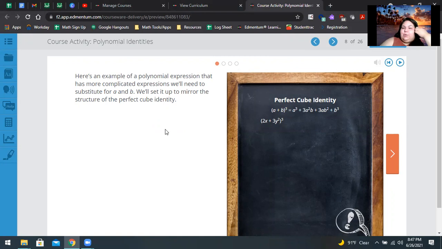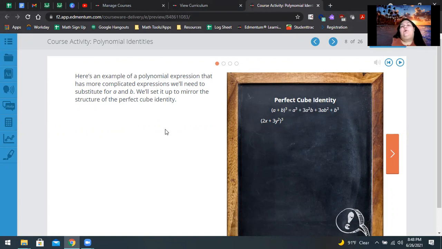Let's take a look at this one. This is one that is new to us. From the previous tutorials, we haven't seen the perfect cube identity, as you should have written it in one of the slides. They gave us that identity and formula setup. We're going to take a look at it.